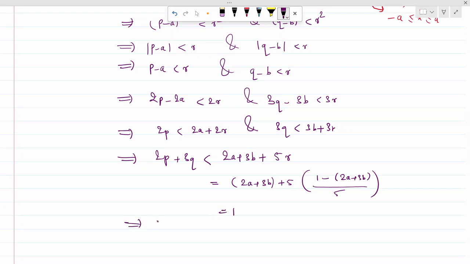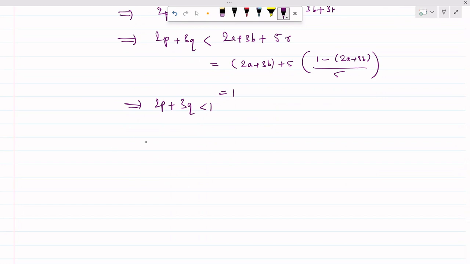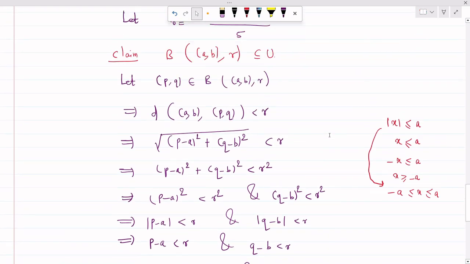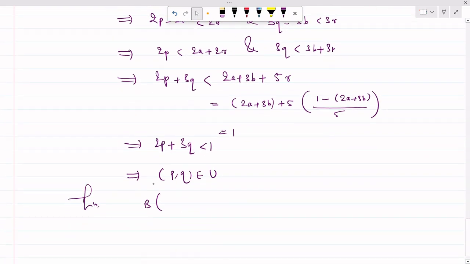So this implies 2p plus 3q is less than 1. So (p, q) satisfies the condition of U. So this implies (p, q) belongs to U. Okay, so thus the open ball around, as we have taken here, (a, b) of radius r is contained in U. So this implies U is an open set.